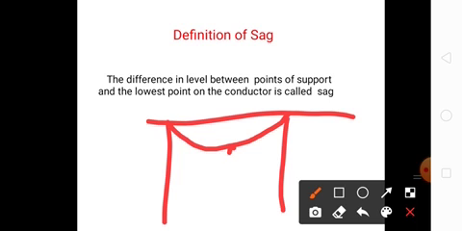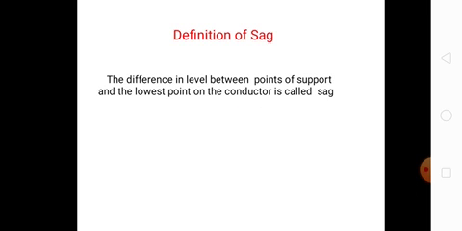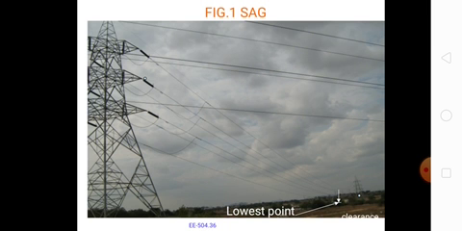That is known as sag. The difference in level between the points of support and the lowest point of the conductor is known as sag. Here it is the lowest point.